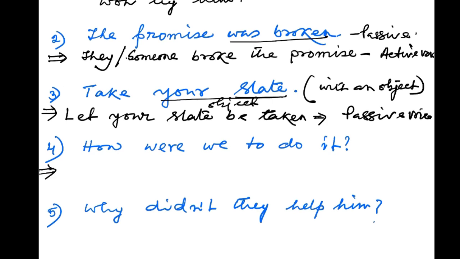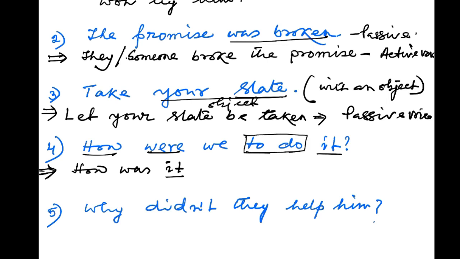It is a good sentence. Here keep how. Here the object, here was. So where will be was, as the object is it. How was it? And to do, this is an infinitive, non-finite verb.